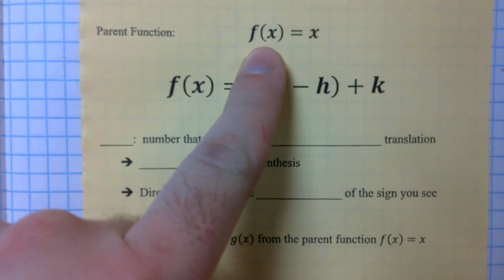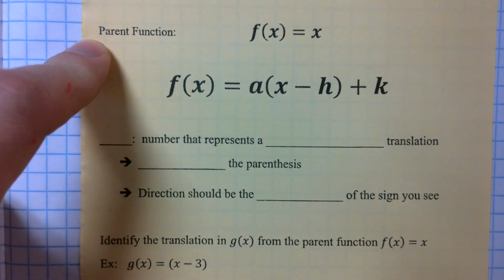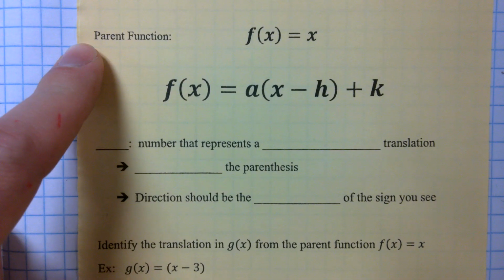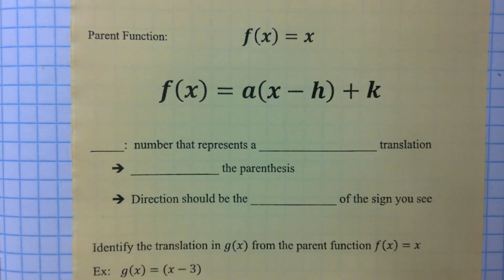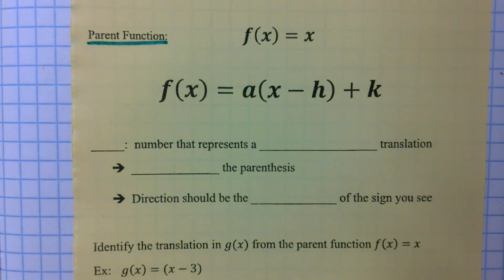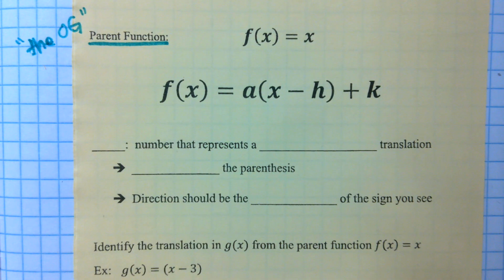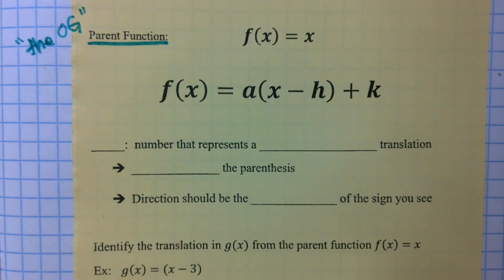f(x) = x. This is a really important equation. This is called my parent function. Everybody say parent function. Parent function. We're going to call it the OG. You guys know what OG means? Original. Well, it means that now.